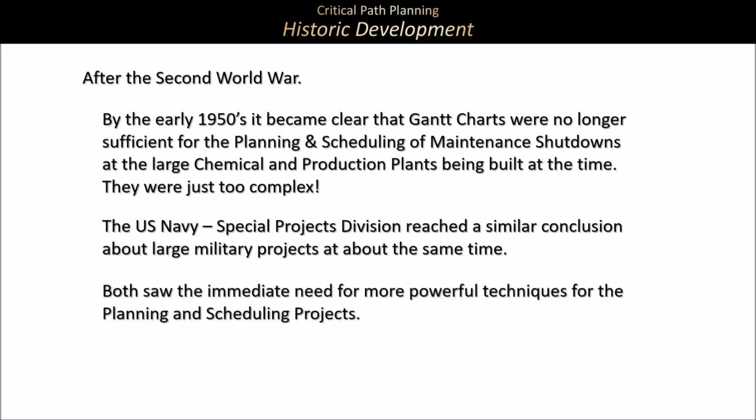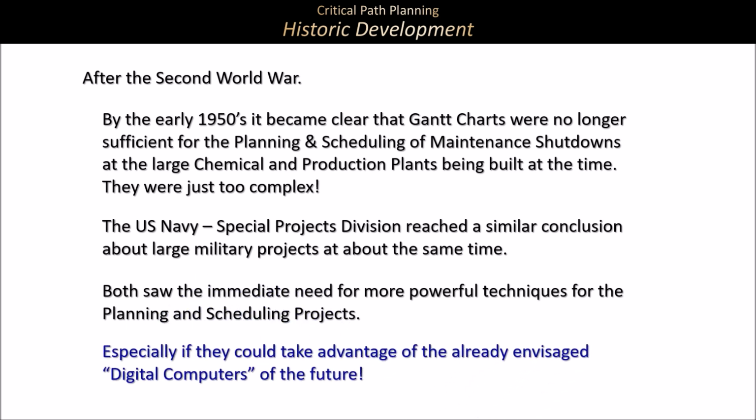Both saw the immediate need for more powerful techniques for the planning and scheduling of projects, especially if they could take advantage of the already envisaged digital computers of the future.